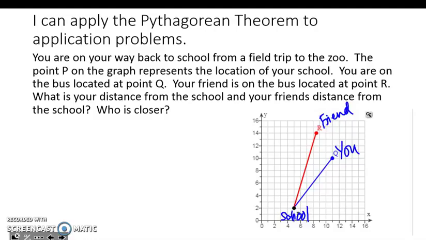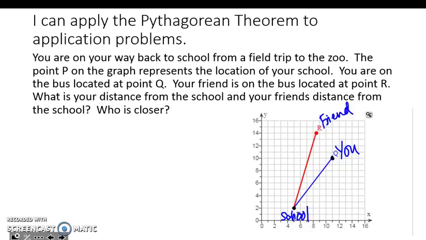All right, so these 2 lines, the line from P to R and the line from P to Q, are going through boxes. So we can't just count the boxes because it doesn't perfectly go through them. So we're going to have to do what we did yesterday and draw in our right triangles. Well, the first question they want to know is what's the distance that I am from the school?